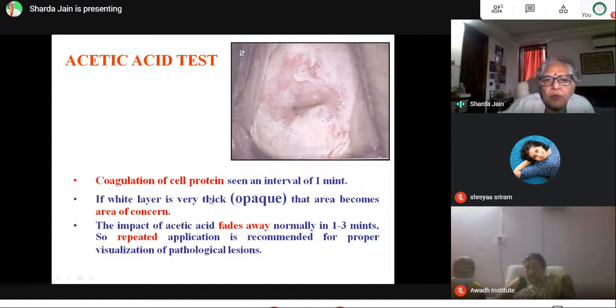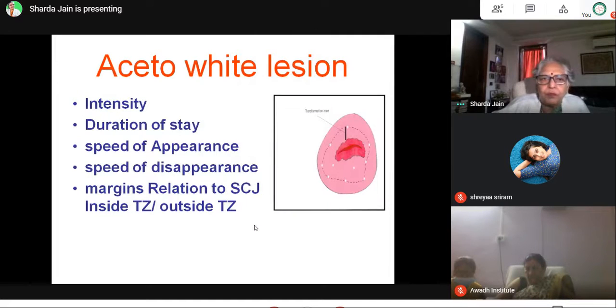This coagulation of protein gives rise to an opaque area, which can vary in thickness from very light to very thick. That opaque, white, dense area is an area of concern. After applying acetic acid, it also fades away in 1 to 3 minutes, so you have to do repeated application before you really make up your mind which area is abnormal.